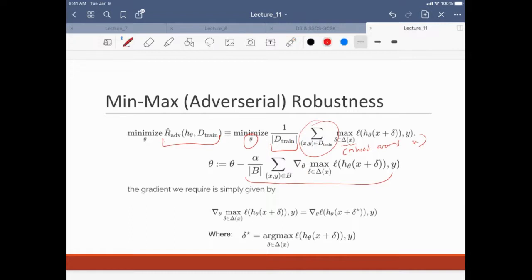One issue with this, unfortunately, is that while the model becomes more robust, it turns out to affect the accuracy significantly. So there is a trade-off here.